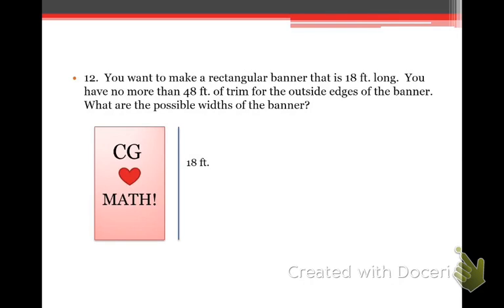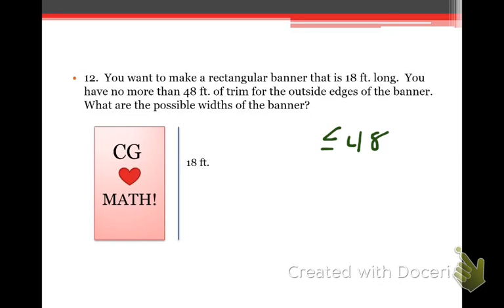We have no more than 48 feet of trim, so it's a lot like this fence problem. We're going to put trim around this thing, but we know we can't use any more than 48 feet. So however much we use has to be less than or equal to 48 feet.